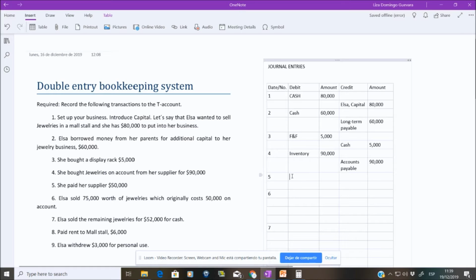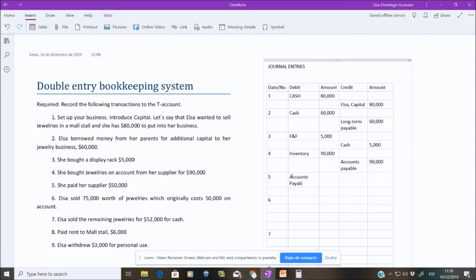So we will debit accounts payable of 50,000 and credit cash of 50,000.